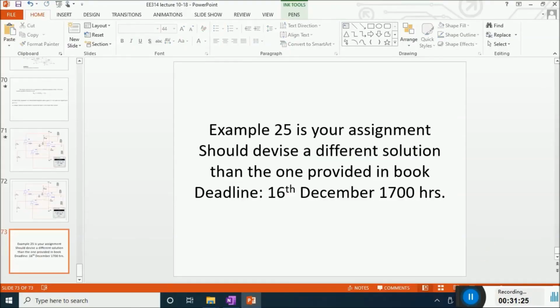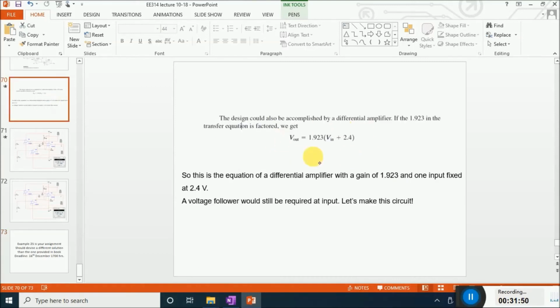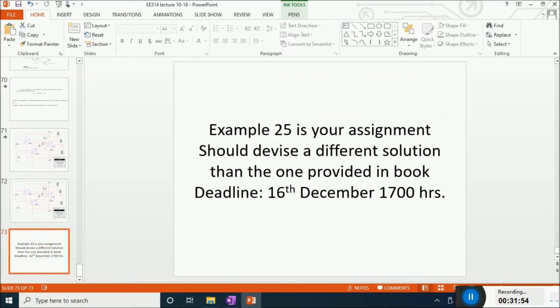So the next example in your book, the example number 25, is your assignment. The submission deadline is 16th December, but make sure that you devise a different solution than the one provided in your book. Think about it, and it should be significantly different from your book.